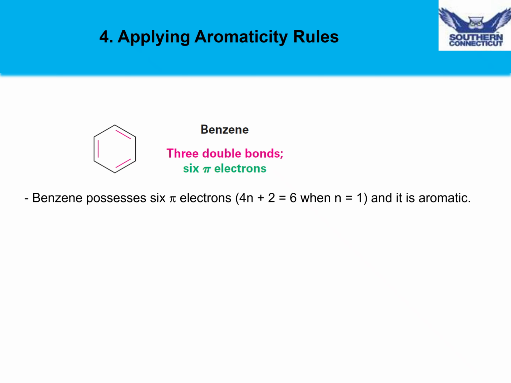As we discussed previously, benzene is an aromatic compound, but let's see, based on the aromaticity rules, why that is. First of all, benzene is a cyclic molecule. It has an sp2 carbon, as you can see by the double bonds at every carbon in the ring. That means there's a p orbital at every one of these carbons.